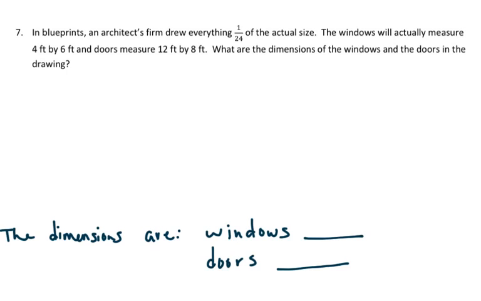Okay, so what we're going to do is we're going to have the measurement of the windows, and we know that it's 4 feet by 6 feet. And we know that the architect's drawing is going to be 1/24th of that. So I'm going to take the 4 here, and I'm going to multiply the 4 times 1/24th.